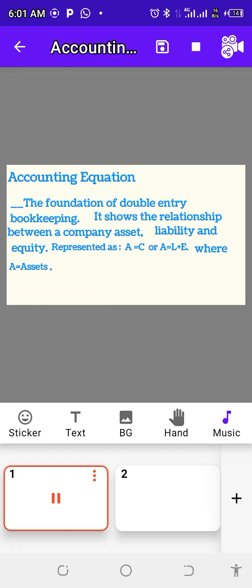Assets. L is equal to what? Liabilities. C is equal to capital, and E is equal to what? Equity.